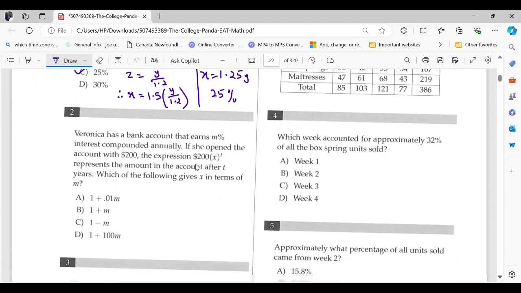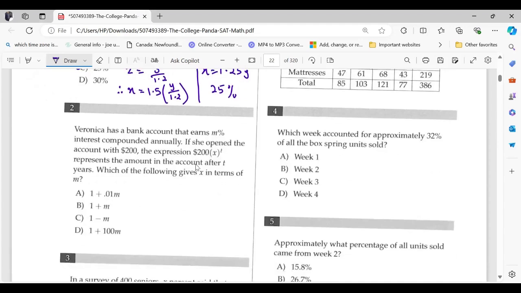Question number 2. Veronica has a bank account that earns 10% interest compounded annually. If she opened the account with $200, this expression here, $200 times S raised to power T, represents the amount in the account after T years.